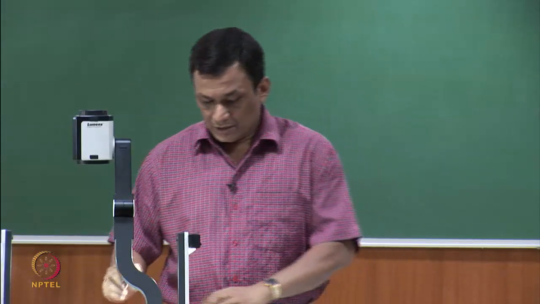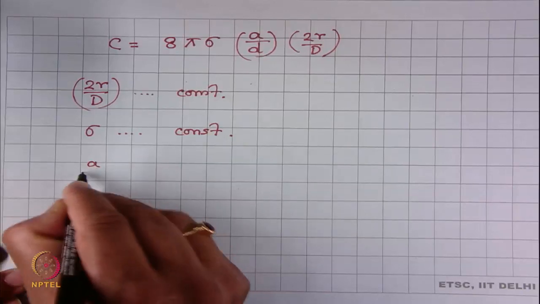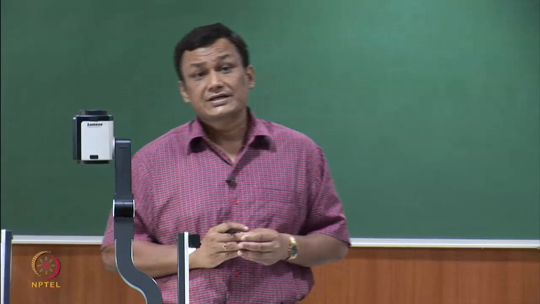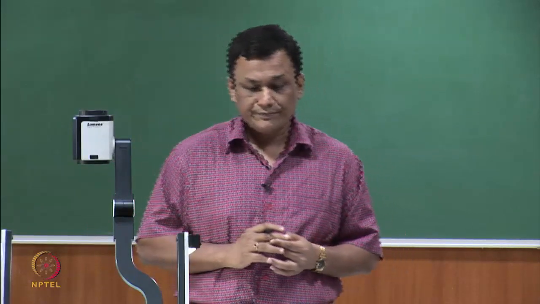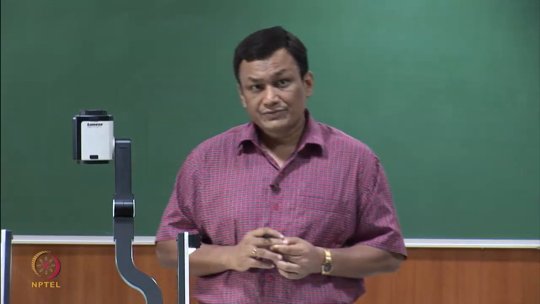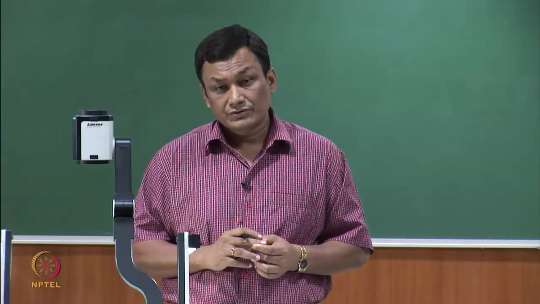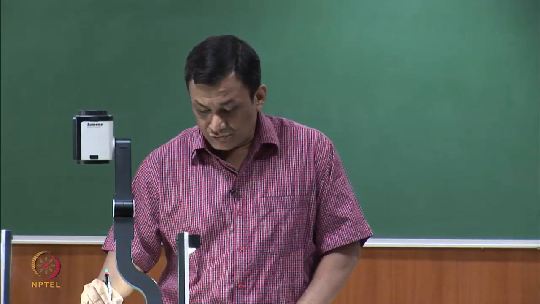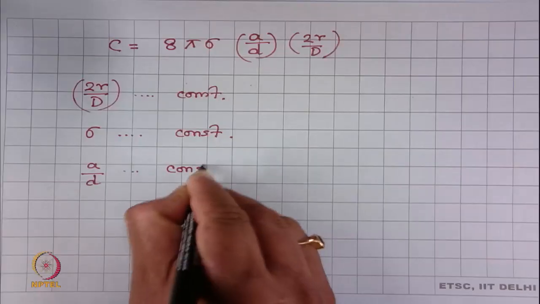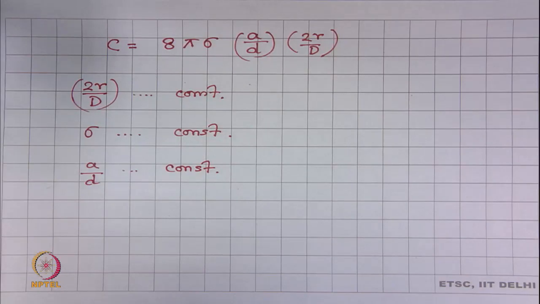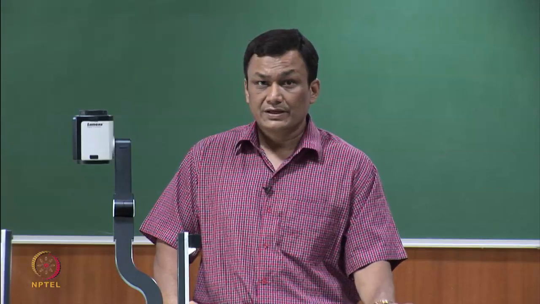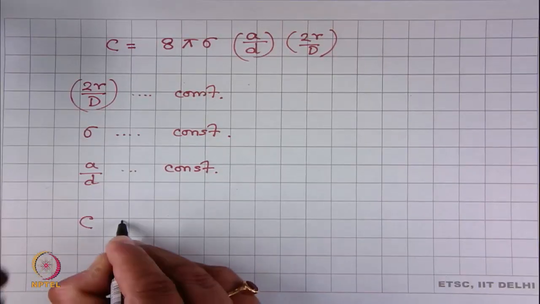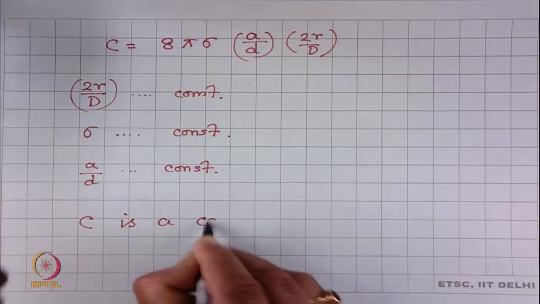Then you have A by D. What is this A by D? A by D is the relative thickness of the compression zone. Relative thickness of the compression zone, right. Let us assume this is also a constant. In that case, your C will be a constant too, right. So, C is a constant.